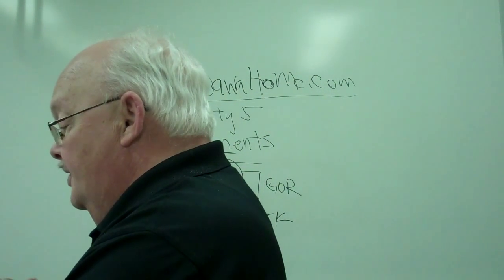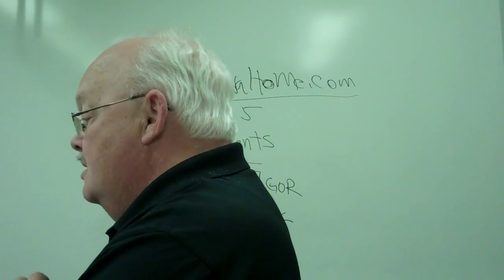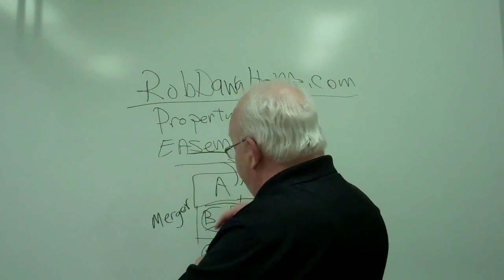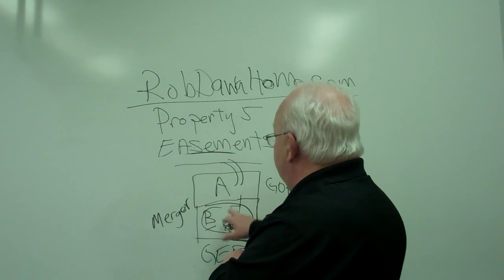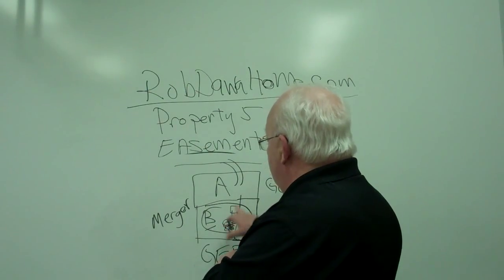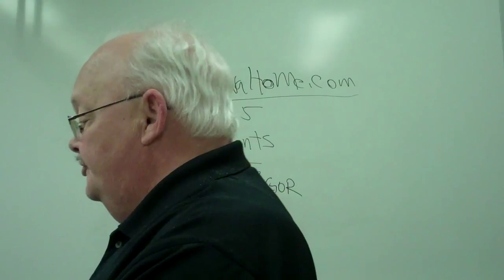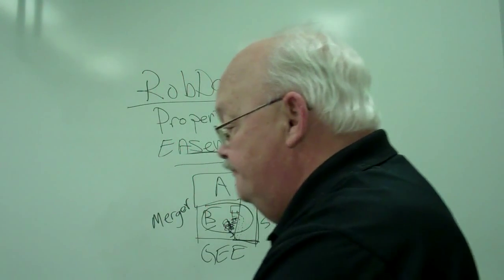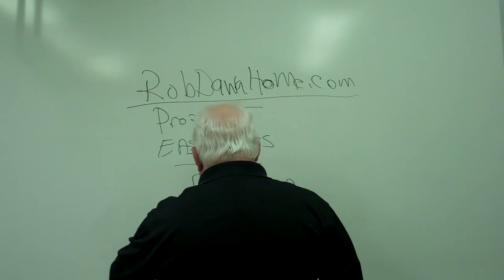And that's an important thing to consider, that sometimes when you have what is called the dominant and the servient, or it's the other way around actually, I'm sorry. This is the dominant because they're getting to use this. This is the servient because he's allowing him to use it, okay? So basically what ends up happening then is that this is all merged together, so that's where this word comes up, okay?